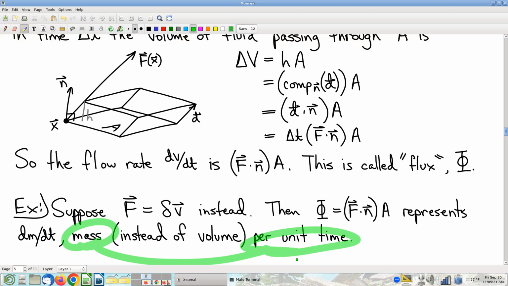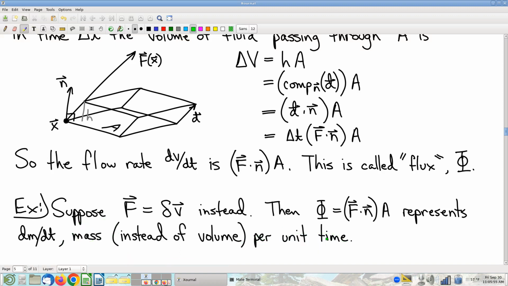And the answer is, if you're computing mass per unit time, instead of looking at the volume that has passed through the surface like we did here, you're going to look at the mass that has passed through, and the mass is just density times volume. You write down the mass, do the analogous calculation, divide by delta T.